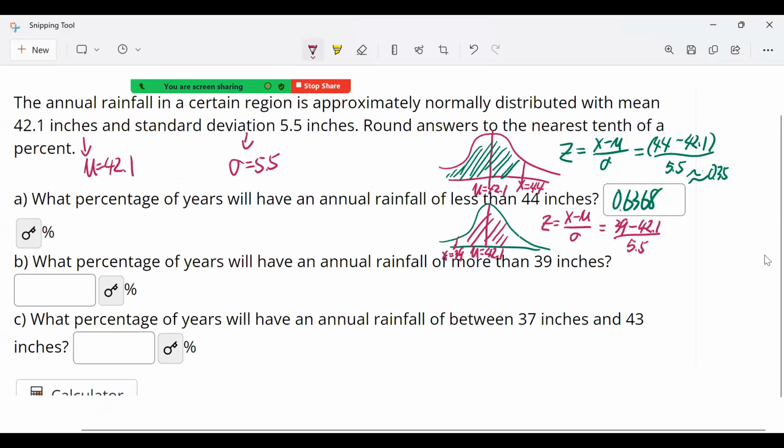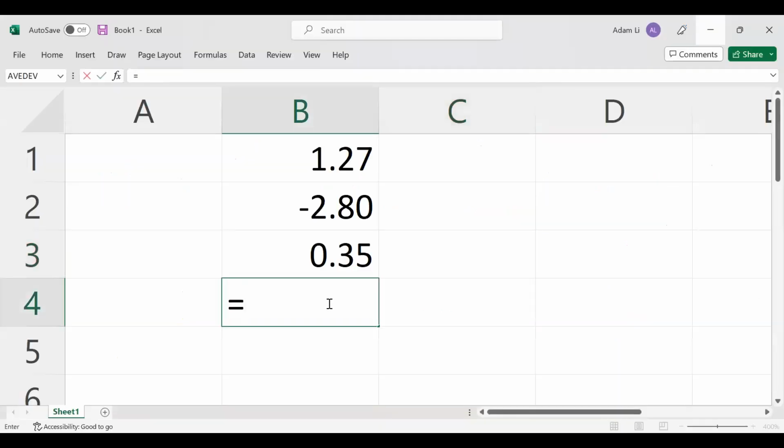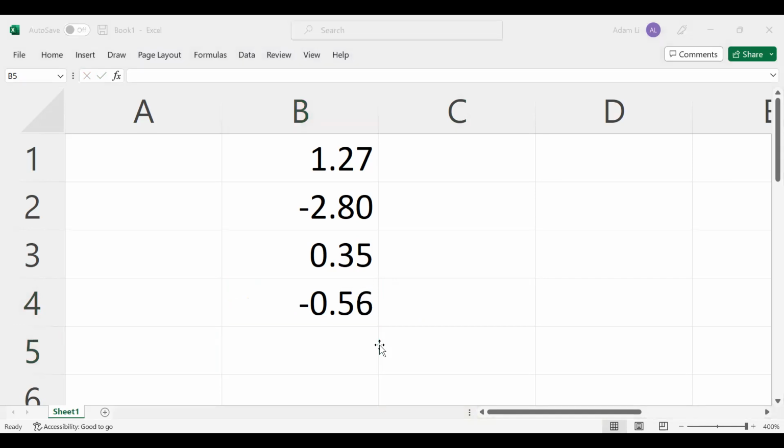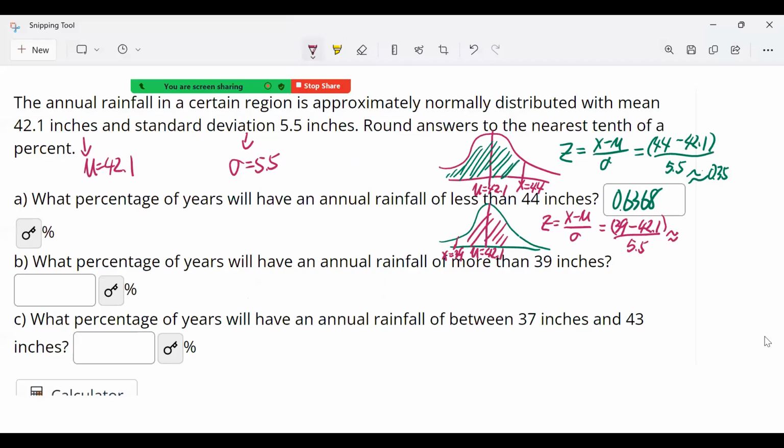Let's see what that is. Bringing it to Excel: equal to, open parentheses, 39 minus 42.1, divided by 5.5. So negative 0.56. Again, we go to Table A2.